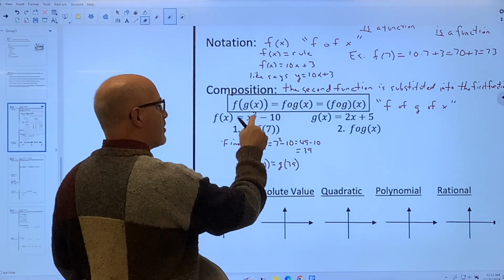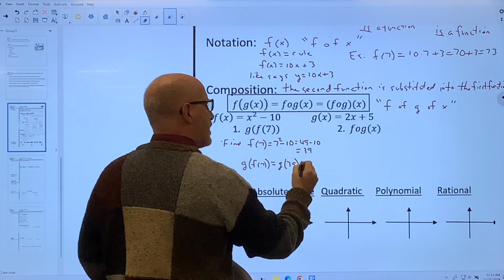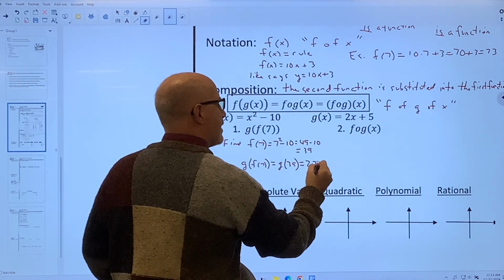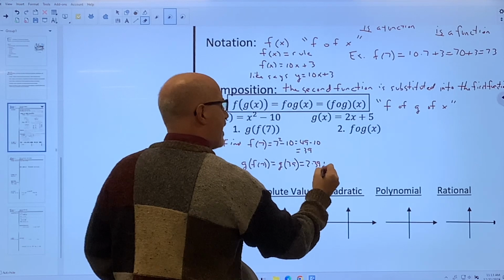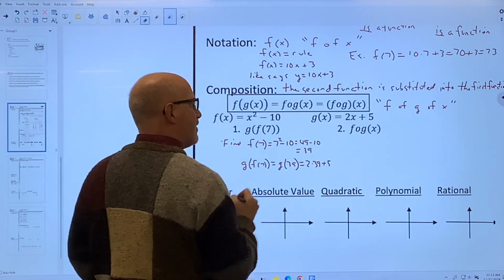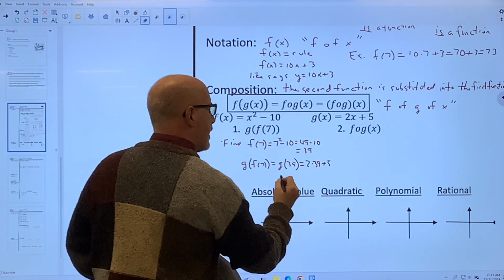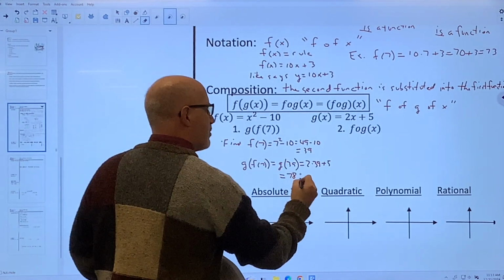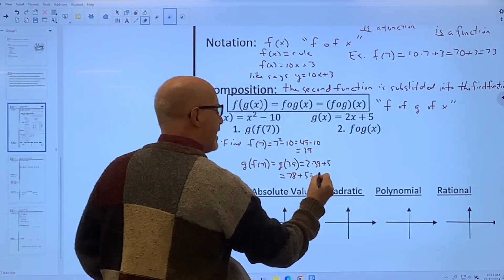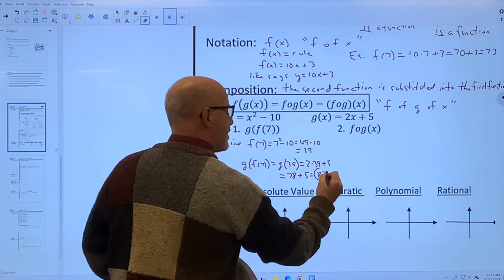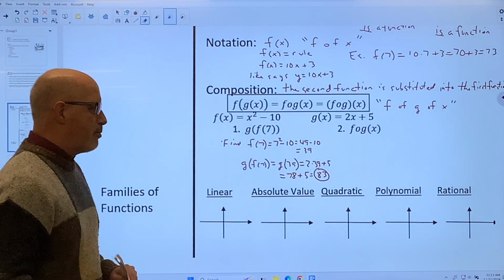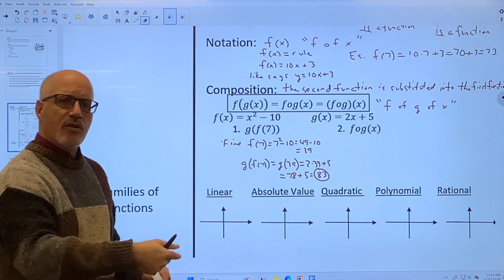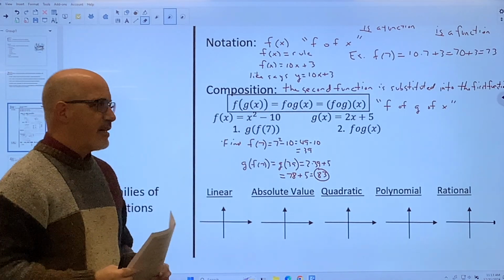So 39 goes into g of x over here, so it's going to be 2 times 39 plus 5, because that's what my g of x is equal to. So 2 times 39 is equal to 78, plus 5 is equal to 83. So that's what the answer to that example would be. Do the inside part first, substitute it into the first function listed there.